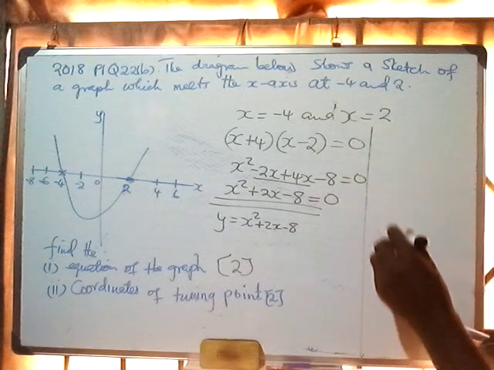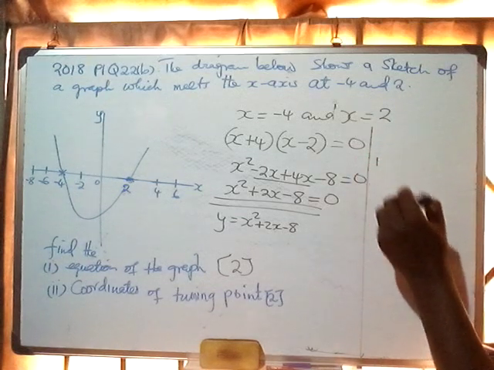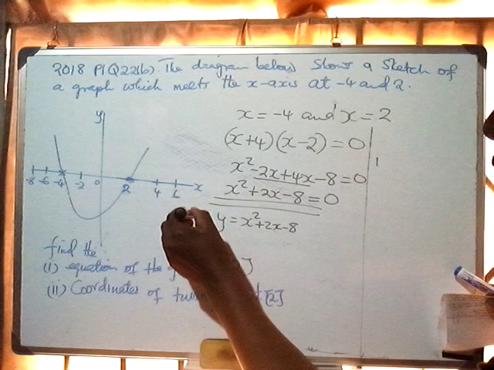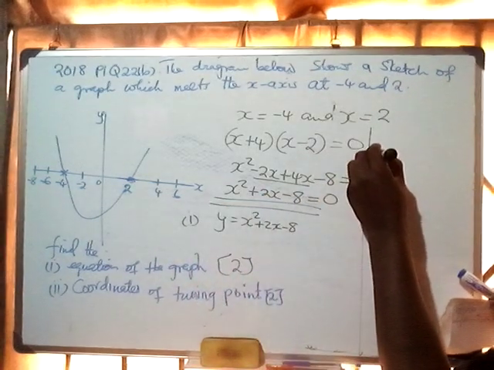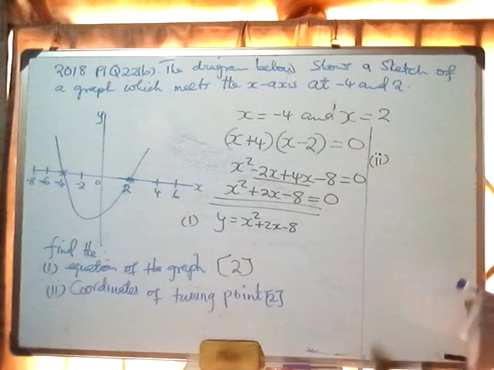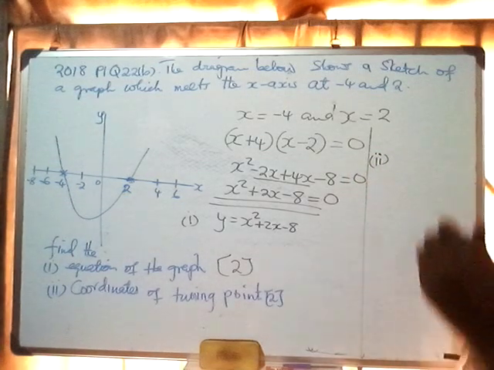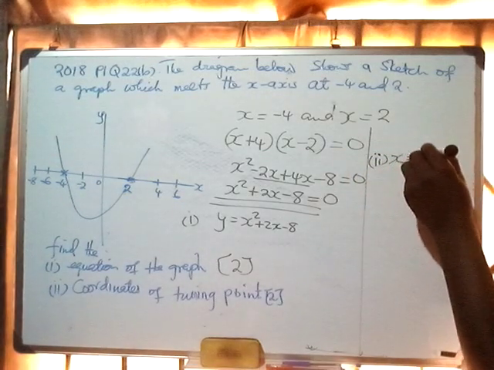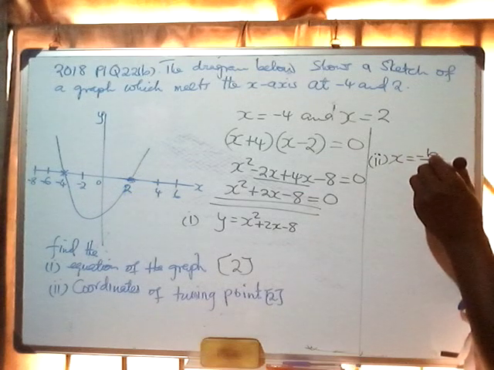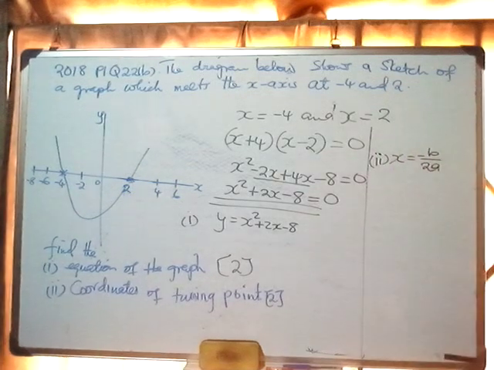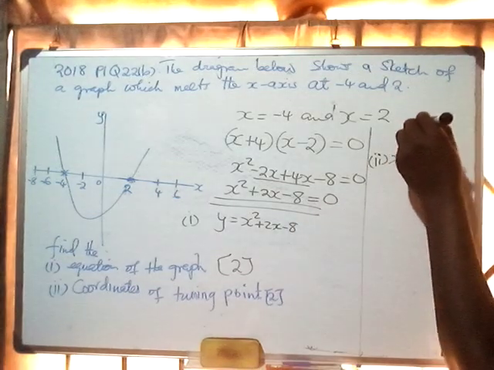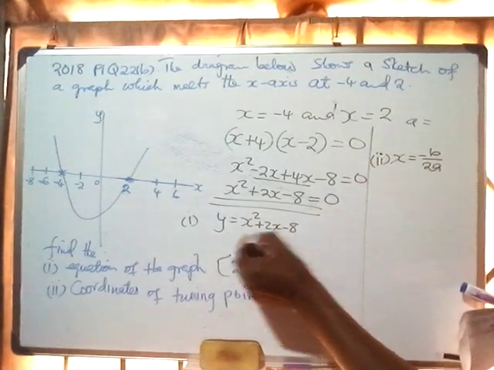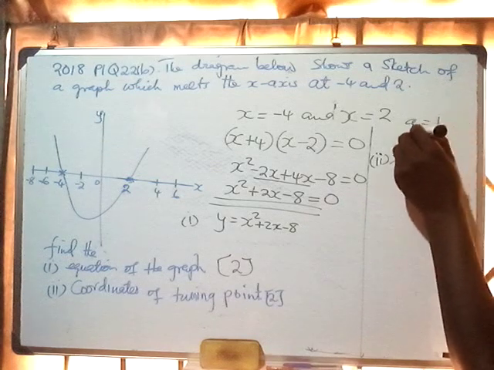Okay, we move. Let's go to Roman numeral number 2. So this one is Roman numeral number 1. If you go to Roman numeral number 2, we are saying the coordinates of the turning point. The value of x is found by saying negative b over 2a. What is our b in this equation? Our a is 1.